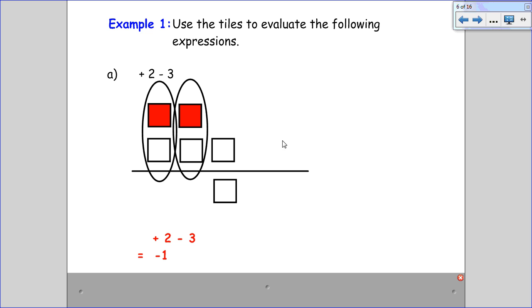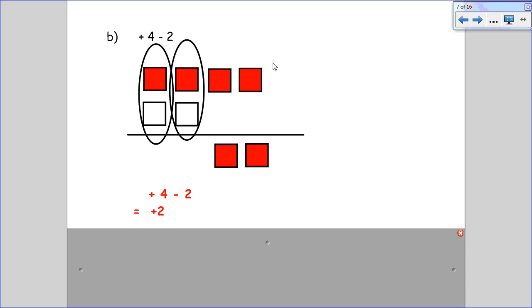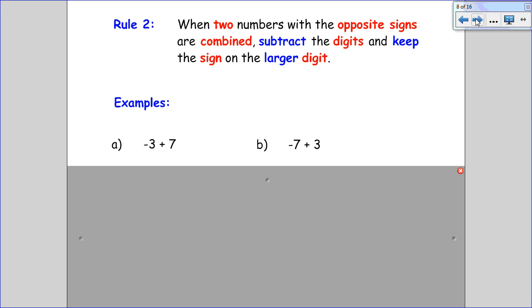How can we figure out whether the answer will be positive or negative? With negative here, if we look back to our original expression, I had more negatives than positives, didn't I? And then here, I had more positives than negatives in my original expression. So that leads me to the conclusion that when the numbers have opposite signs, I'm going to just subtract the digits and keep the sign on the larger one.